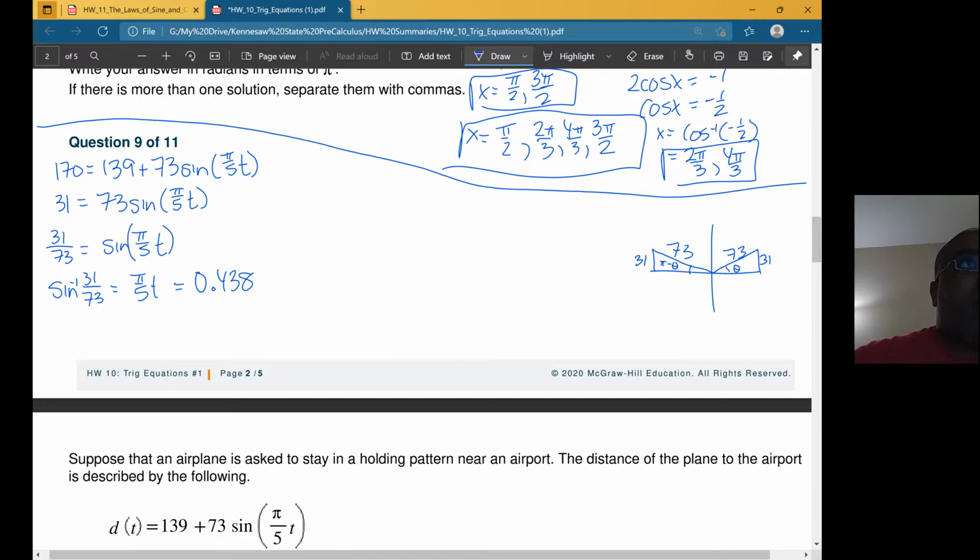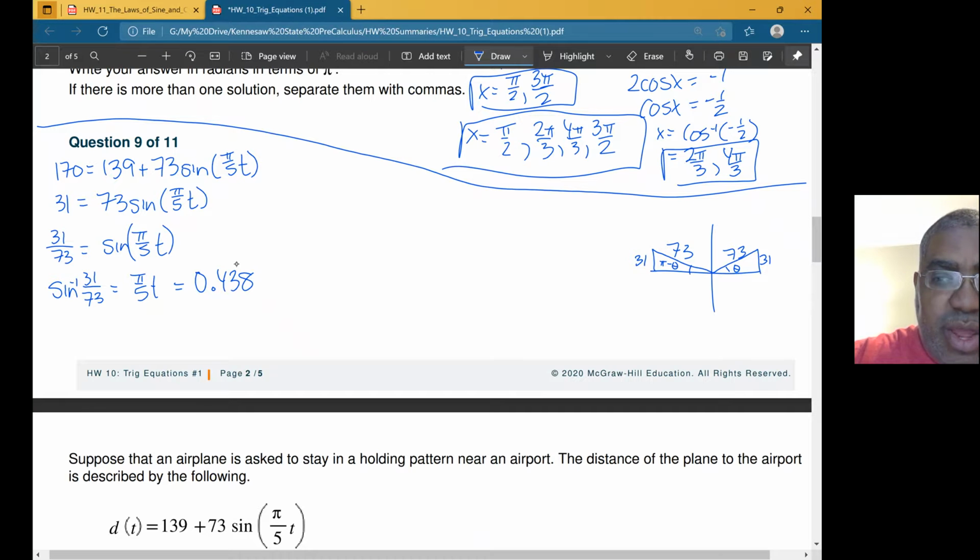So sine of theta is equal to this number here, and that is this angle here.